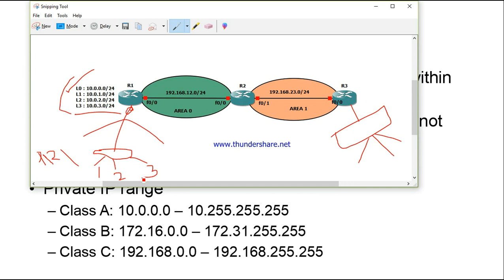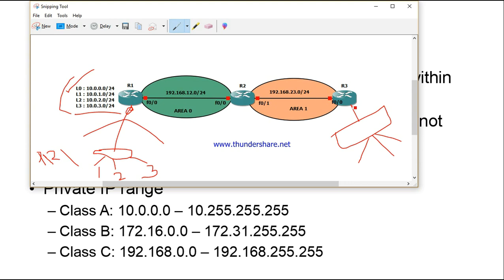If it is being used in R1, the same information can also be used in R3, 10.0.0.0/24. It can also be used in a different location or in a different organization with the same IP address segment. This is what a private address is.